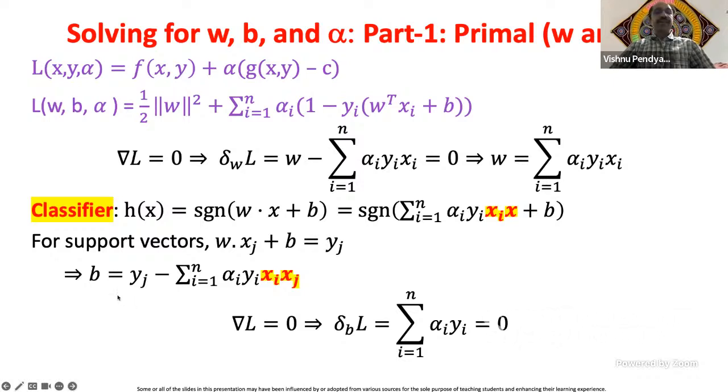So you can use that to substitute the value of w here, and then move this w transpose x to the right-hand side. So b is equal to yi minus w transpose x, and replacing w with what we derived here, you get this expression.